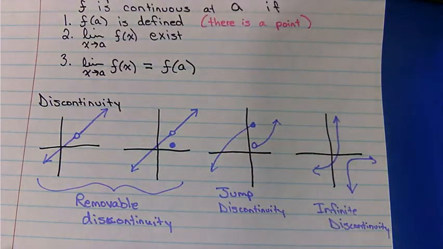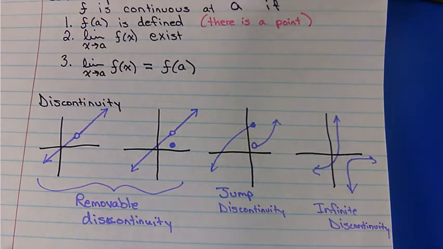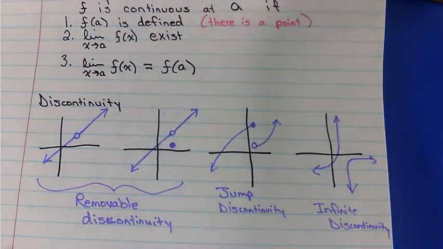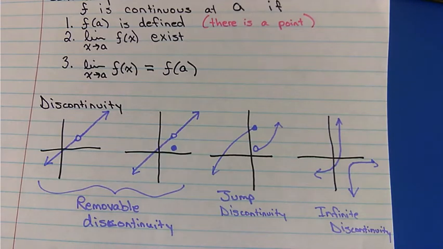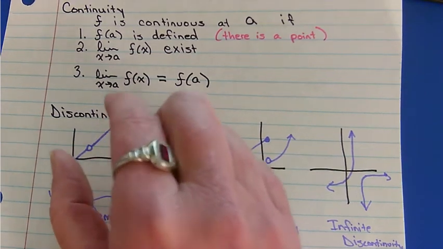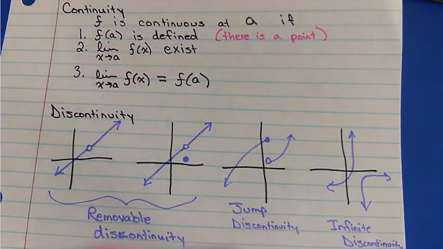Now, I'll do some examples of looking for continuity, but I do want to specify that sometimes you'll be asked, is something continuous on a certain interval? So we're just looking in that range. We want to make sure that everything in there is continuous. Or it could say it's continuous on its domain.